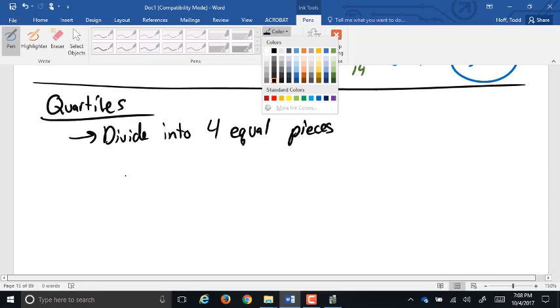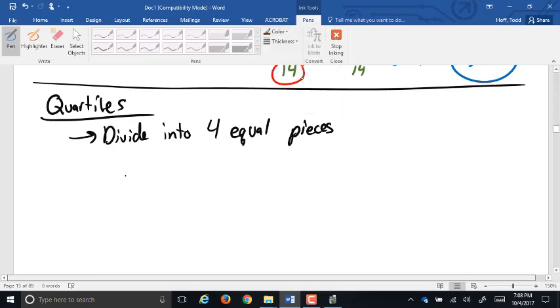Now, let's say you're going to take a piece of string or a board or whatever, and you're going to cut it into 4 pieces. How many cuts do you have to make? 3 cuts. So there are only 3 quartiles. Only takes 3 cuts to cut the data into 4 pieces.